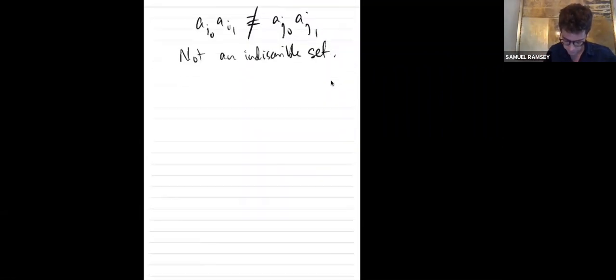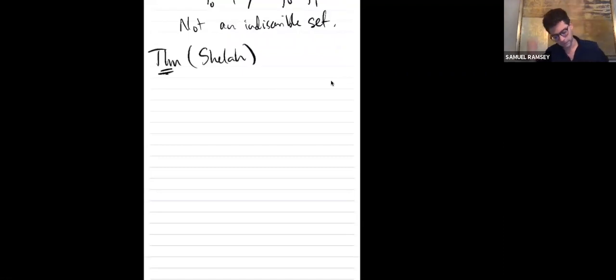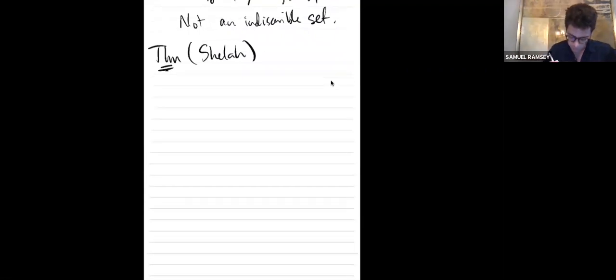So this is the first theorem that I want to talk about today. So theorem, this is Shelah. This is in the book Classification Theory, if you get interested, although it'll also be in the lecture. Okay, so the following are equivalent.